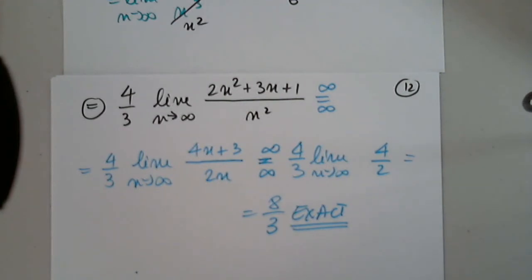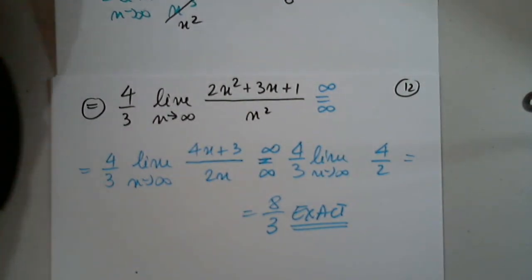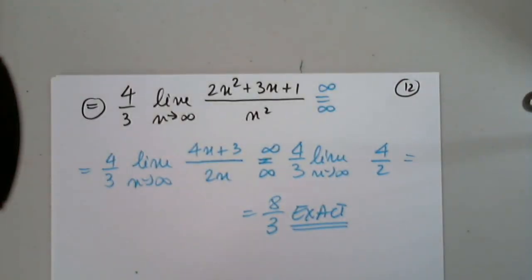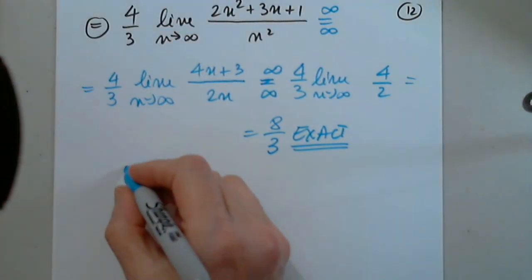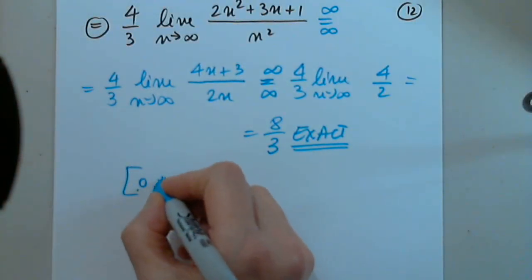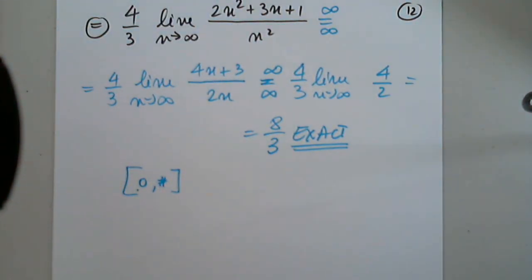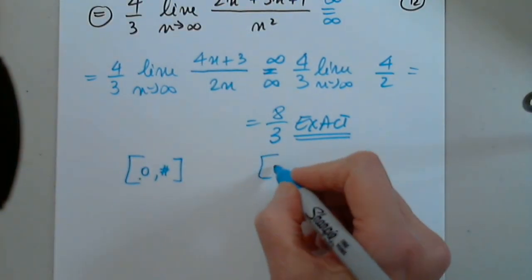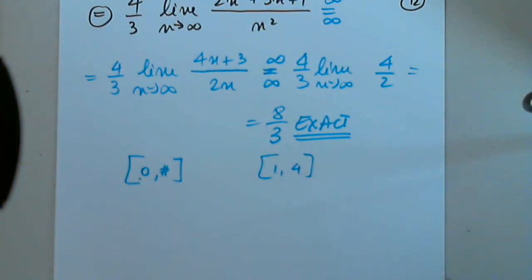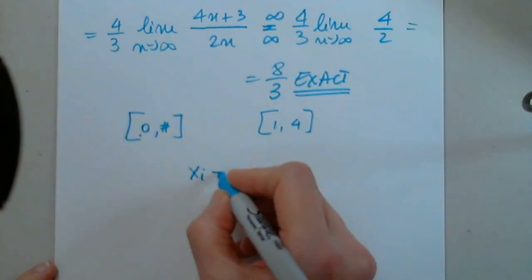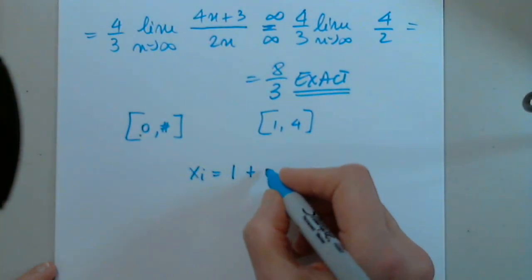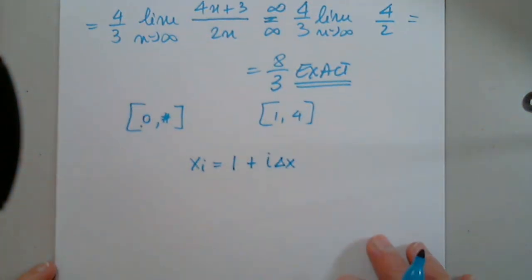So I like to illustrate with at least one more. I want you to make up a function and an interval. Now, as long as the interval starts at 0, the calculations are much easier. But if you say the interval 1, 4, let me show you just for this function, then xi becomes 1 plus I delta x, right?